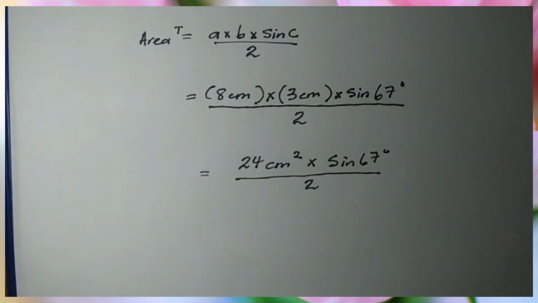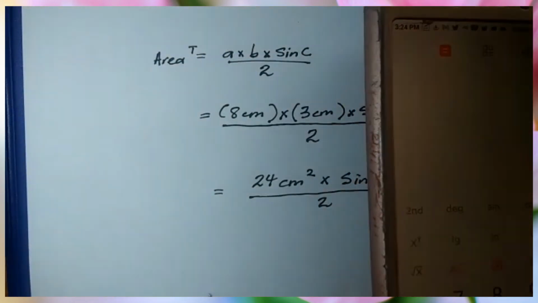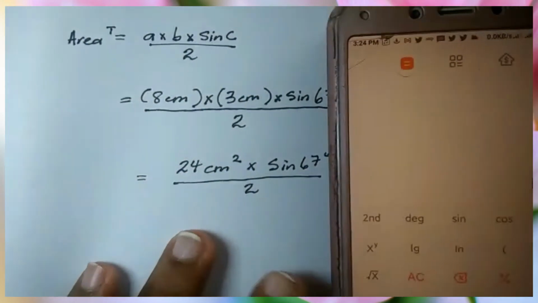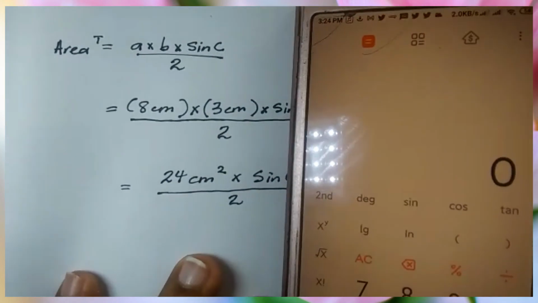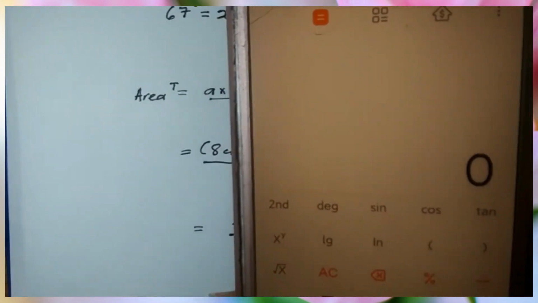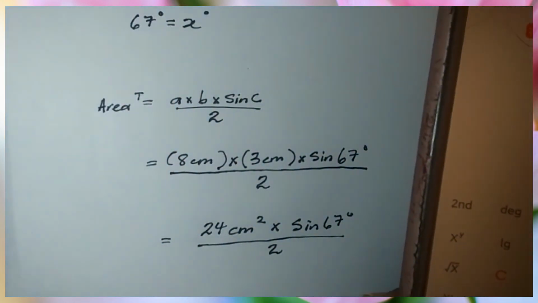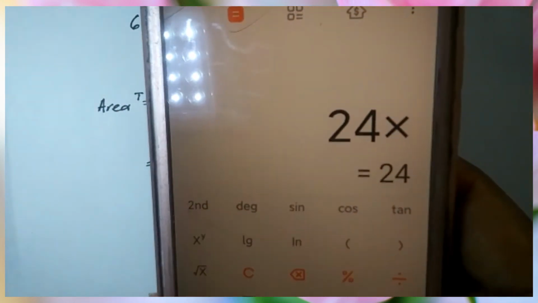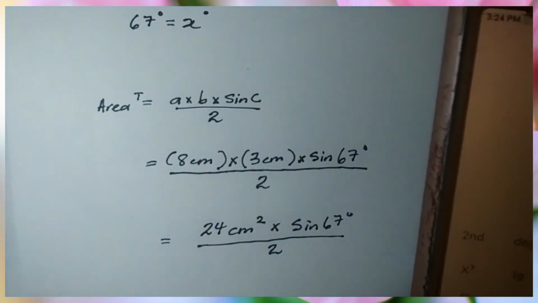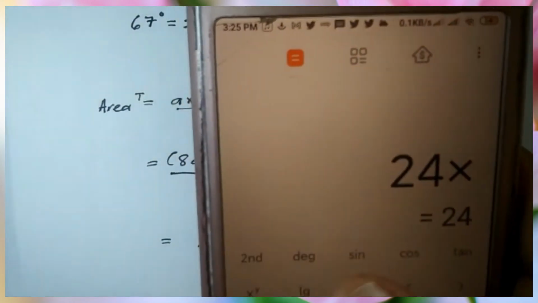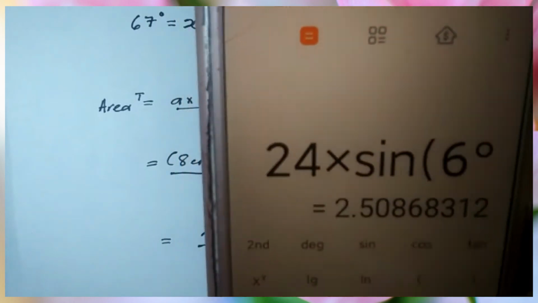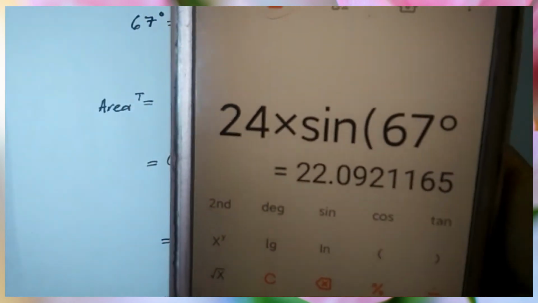This is where I need my scientific calculator. Let me find it. So here it is. I'm writing exactly what my formula tells me: 24 times sine 67, and I'm going to get that.